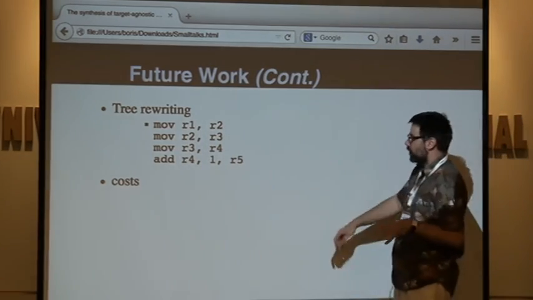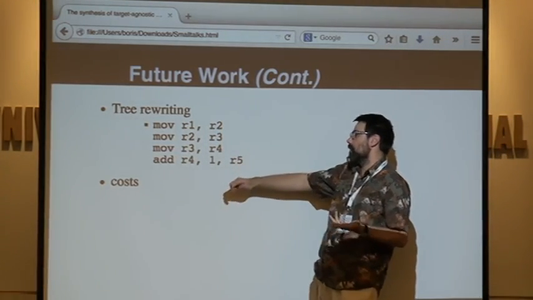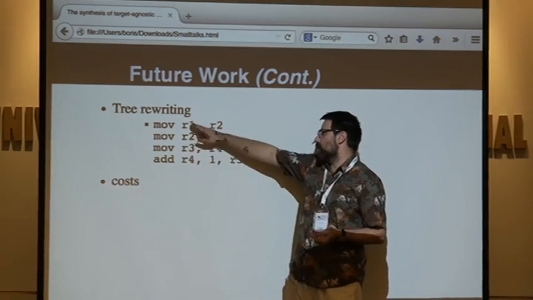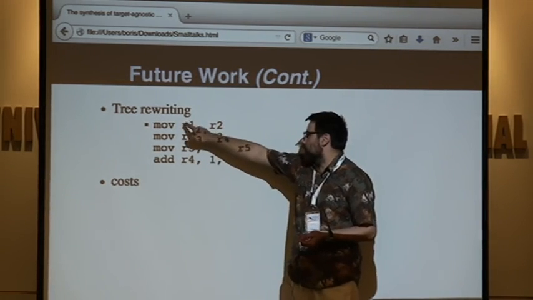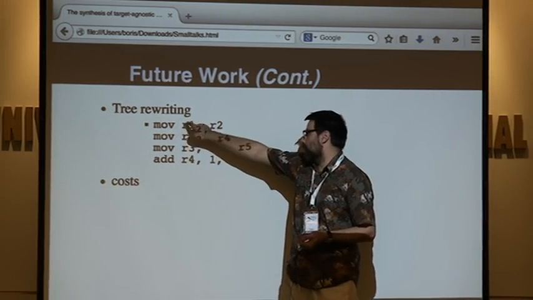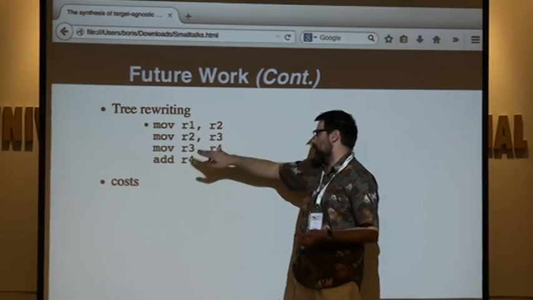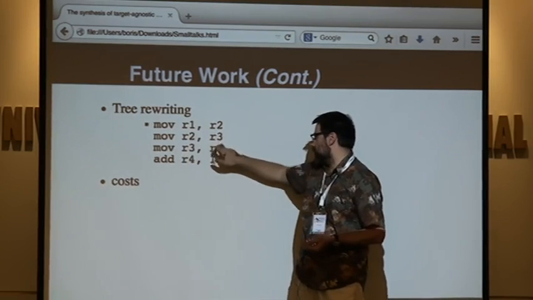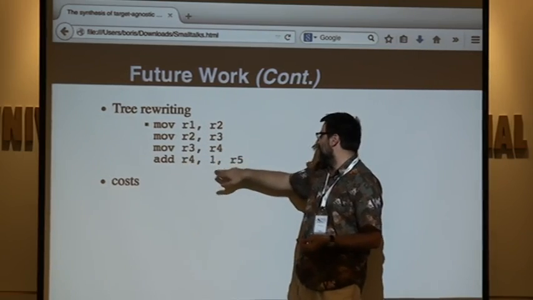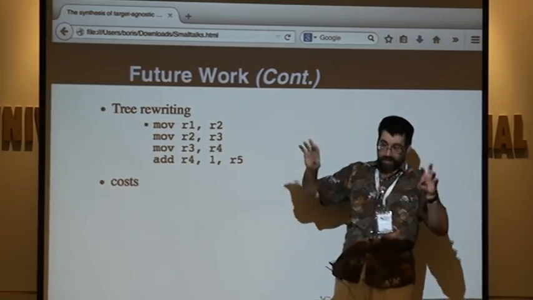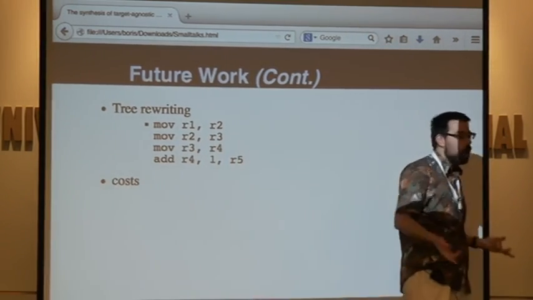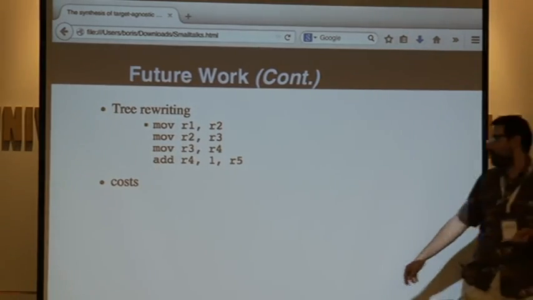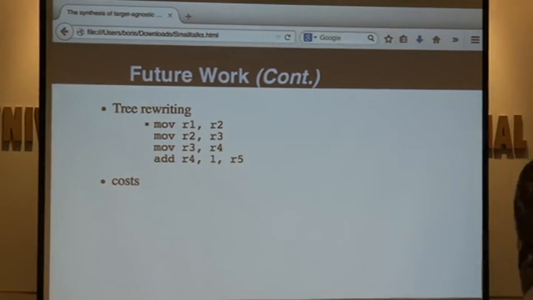Or, it's perfectly valid to generate, and this is AT&T syntax, by the way, not Intel, left to right, that you move from R1 to R2, from R2 to R3, then to R4, and then you finally add 1 to it, and that's for just adding 1 to register 1 and placing it into R5. How do I know that? So I have to account for costs, and right now the Prolog implementation does not do that.